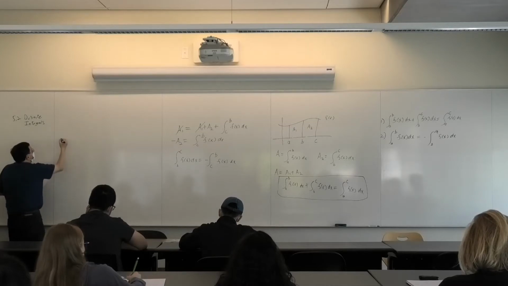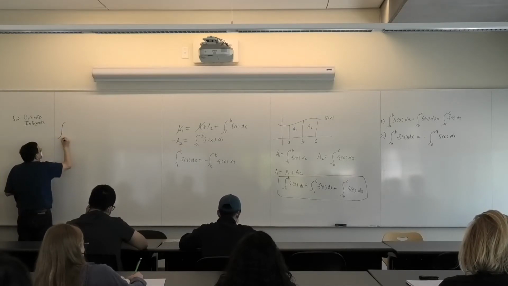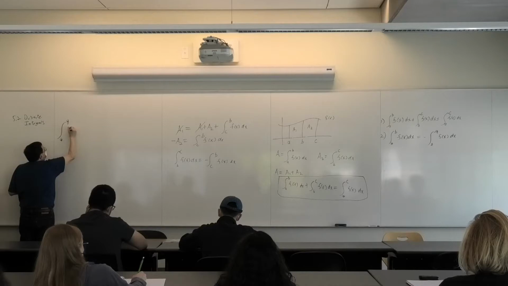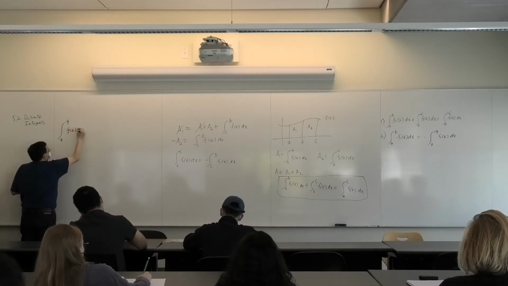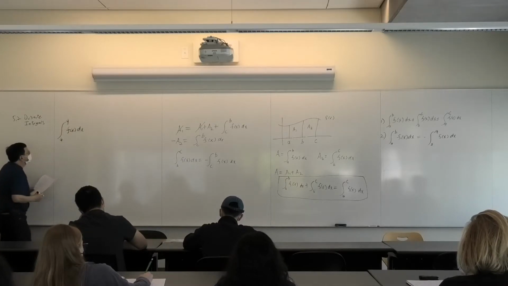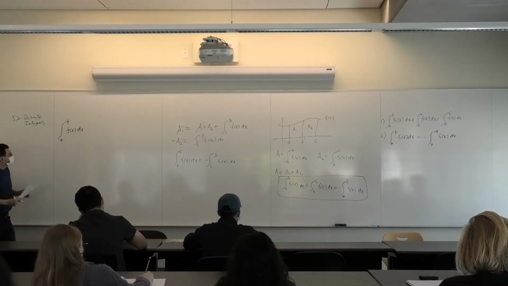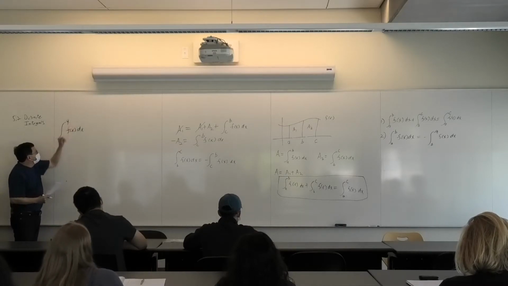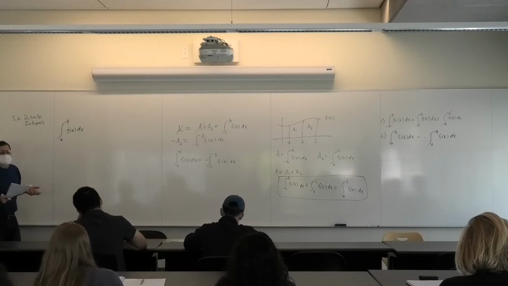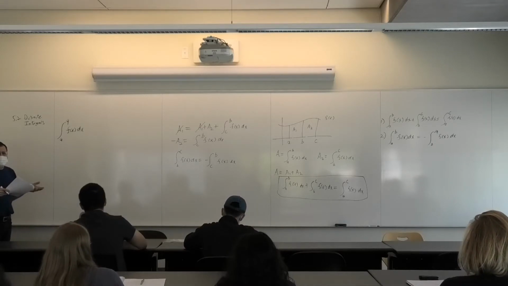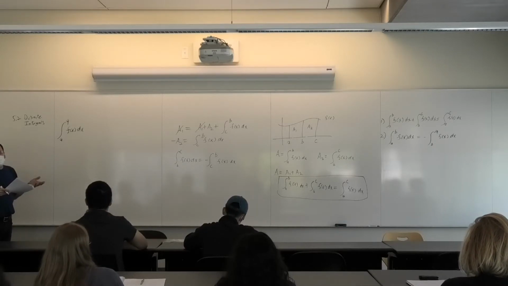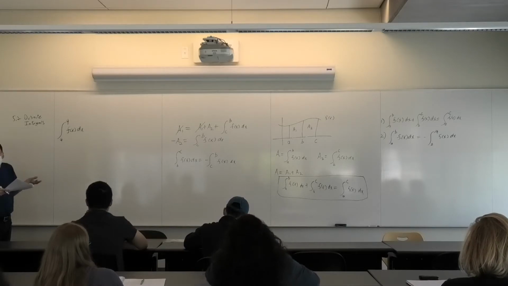Okay, what if I wanted to evaluate this? I'm going to integrate from A to A. Well, I think if you go back to the definition with the sum, it's pretty apparent that this is going to be 0.